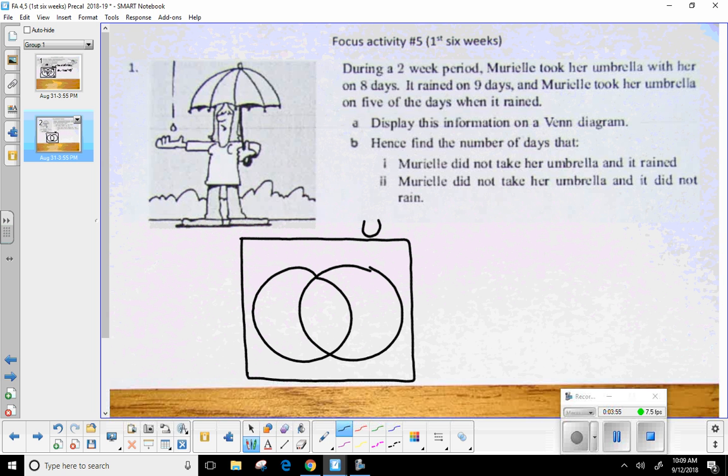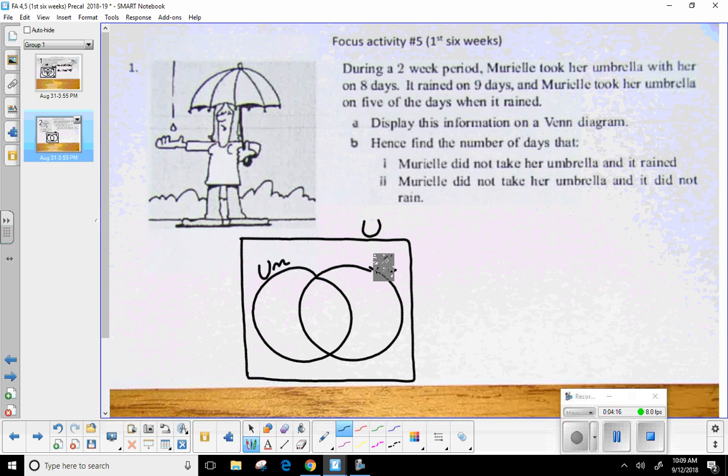Now we use U for the universe, so what would you like me to use for the days she brought her umbrella? Just so we don't confuse the two. U-M, there we go, for umbrella. And then we'll say R is the number of days that it rained.